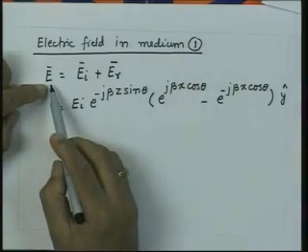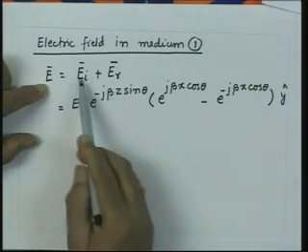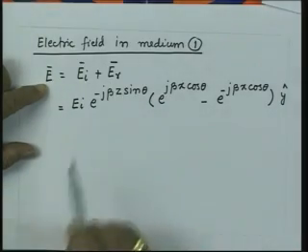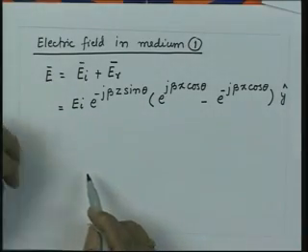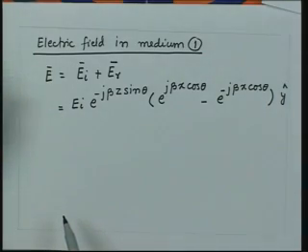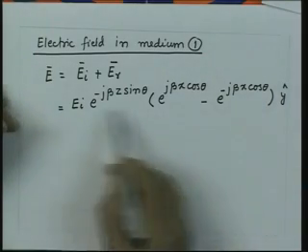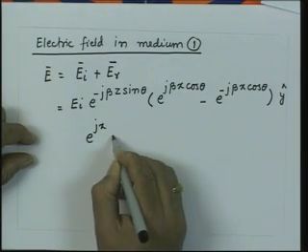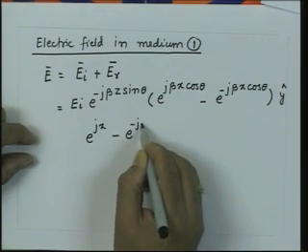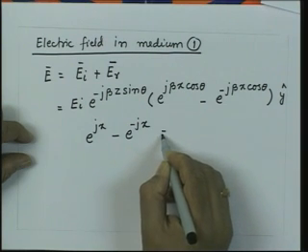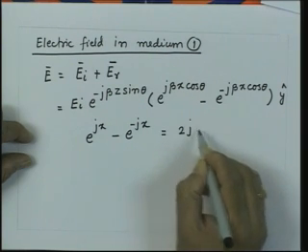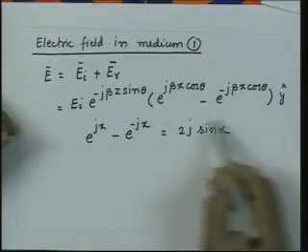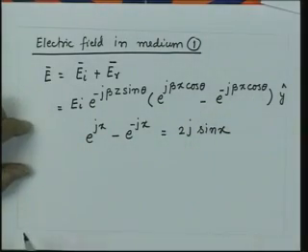So, the total electric field which I have in medium 1, which is the superposition of the incident and the reflected field, and ER is minus EI, we can write the total field like this. Now, this thing we can combine. We know that e to the power jx minus e to the power minus jx is equal to 2 times j sin of x. So, we can use this to represent this as a sine function.